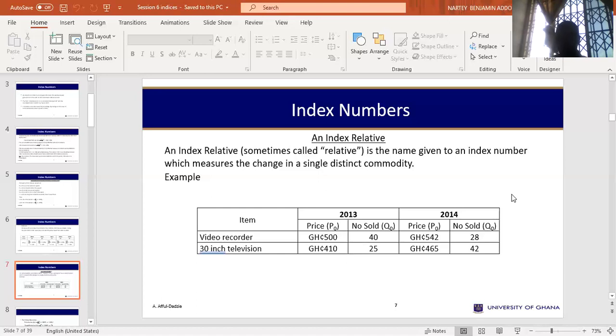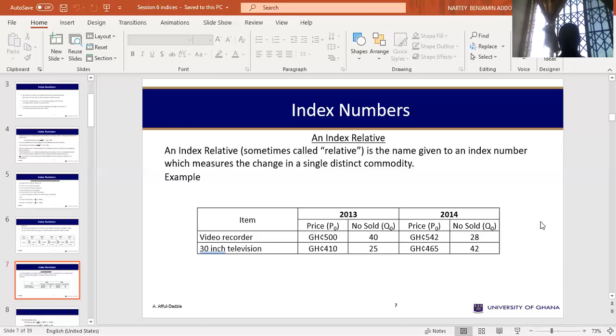The price is P0 for the base year, and also the quantity that has been sold, Q0, as I told you, what has either been produced or sold. And then the price in the current year, so we are taking 2014 as the current year, will be Pn, and what has been sold is Qn.